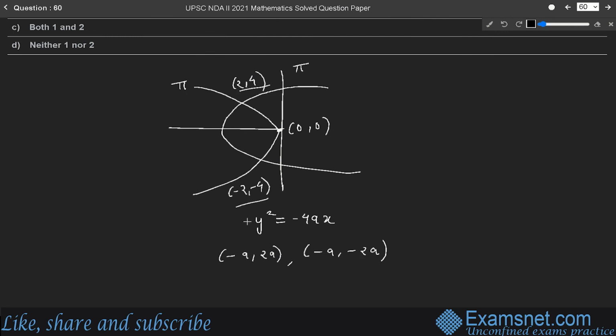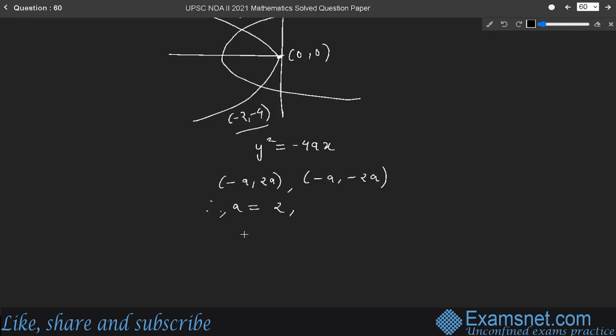Therefore we can say that a will be equal to 2, and we know that the focus is (a, 0). So the focus will be (minus 2, 0). So this is the required focus for the given question.